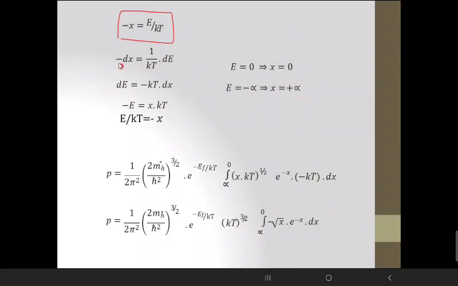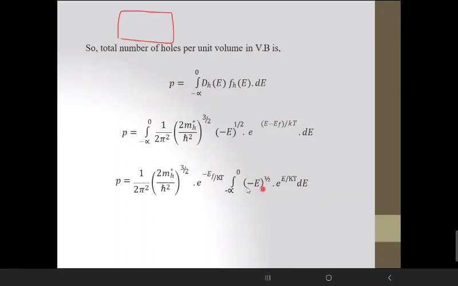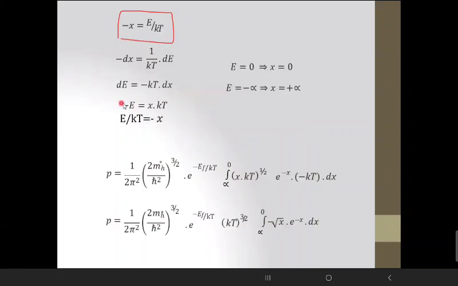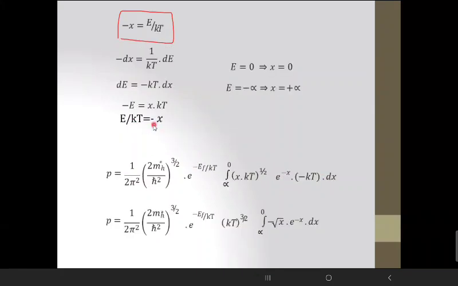So dx is equal to 1 over kT into dE, so dE is equal to minus kT into dx. And minus E, you have minus E is equal to x into kT, so E over kT is equal to minus x.